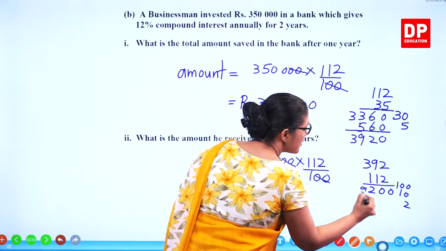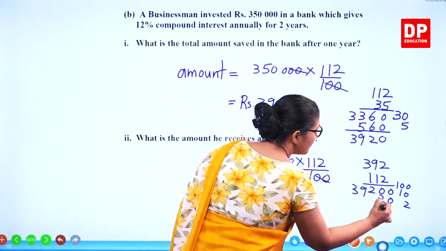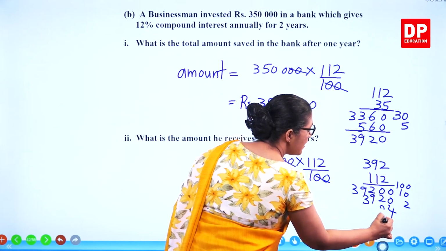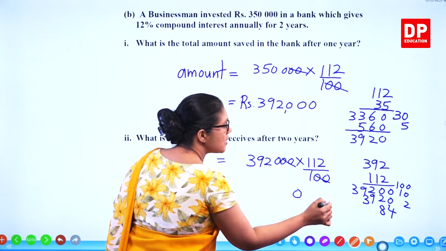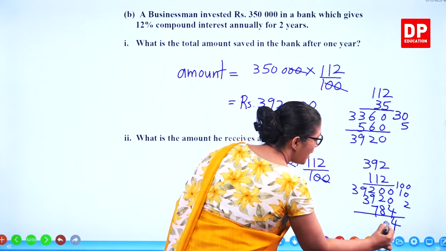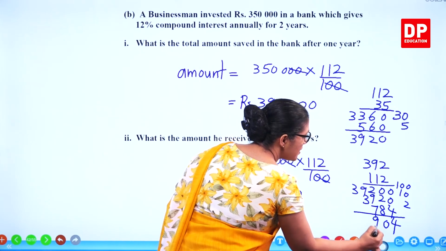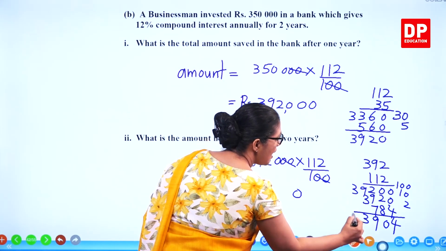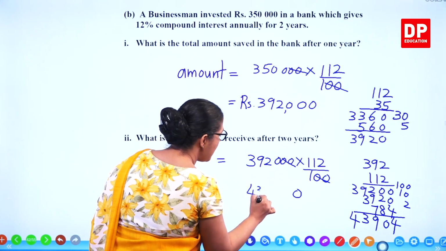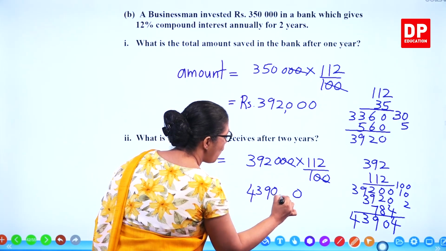So you get 2 times 2, 4 here, 2 times 9, 18 and 2 times 3, 6 plus 1, 7. Now add it. You get 10, 10, 19 and 10, 13 and 4. So the answer is 43904.